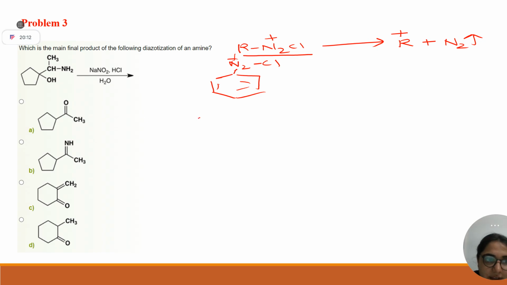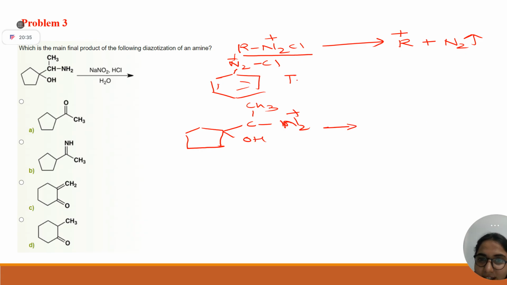So here the same thing will happen. What name reaction do we call this? N2 positive. Demjanov reaction. Exactly. My spelling is not that correct, you can Google it.